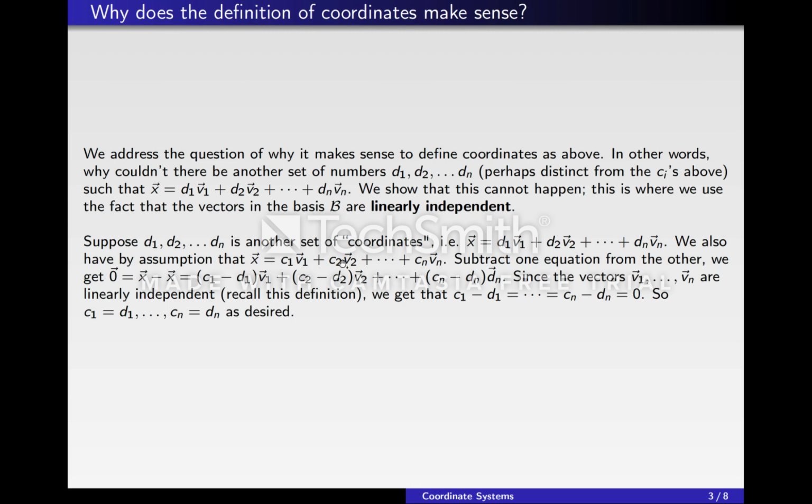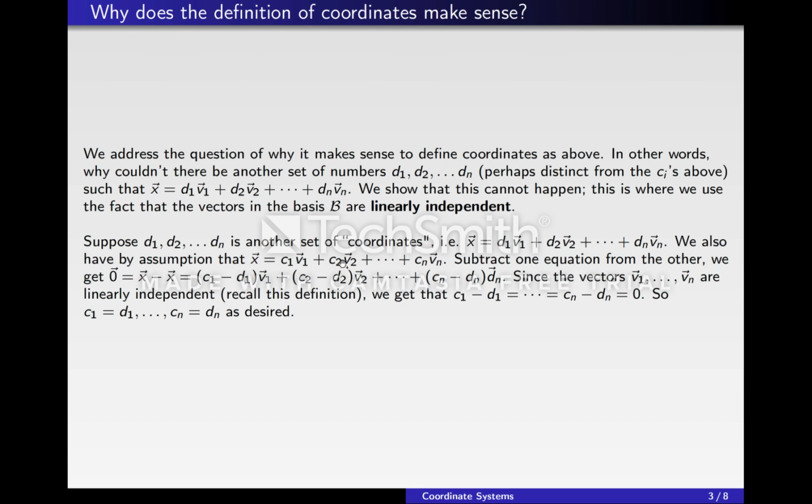We're trying to figure out if you're going to define something, then you better make sure that it is a well-defined notion, and so there better be only one way of defining coordinates of a vector x relative to a fixed basis and with a fixed order of the vectors enumerated in the basis. So coming back to our original question, why is the notion of coordinates of x relative to B a well-defined notion?